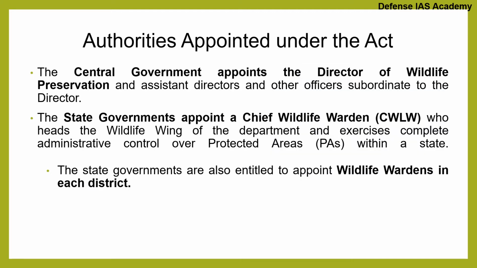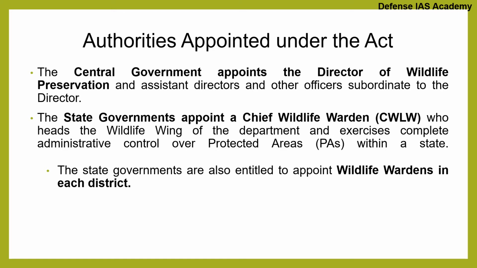Now let's see the authorities that are appointed under this act. The central government appoints the Director of Wildlife Preservation and the Assistant Directors, and also the officers who are subordinate to the Director. And the state government appoints a Chief Wildlife Warden who heads the wildlife wing of the department and exercises complete administrative control over the protected areas within a state.